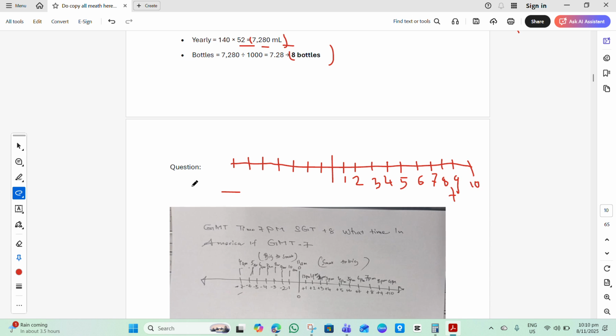Here is positive 10. Here 1, 2, 3, 4, 5, 6, 7, 8, 9, 10.